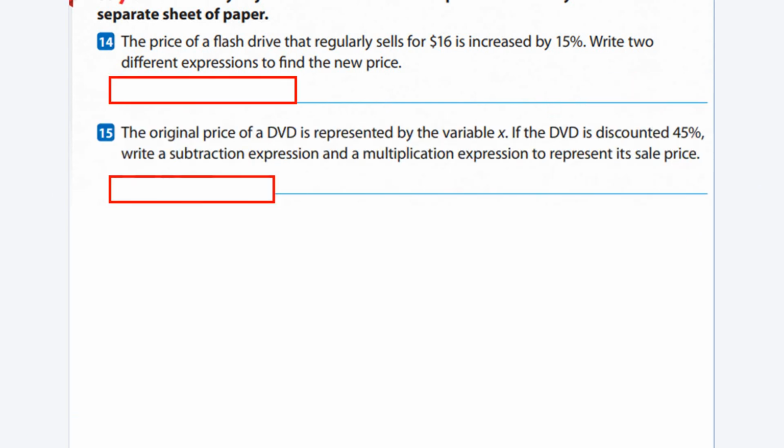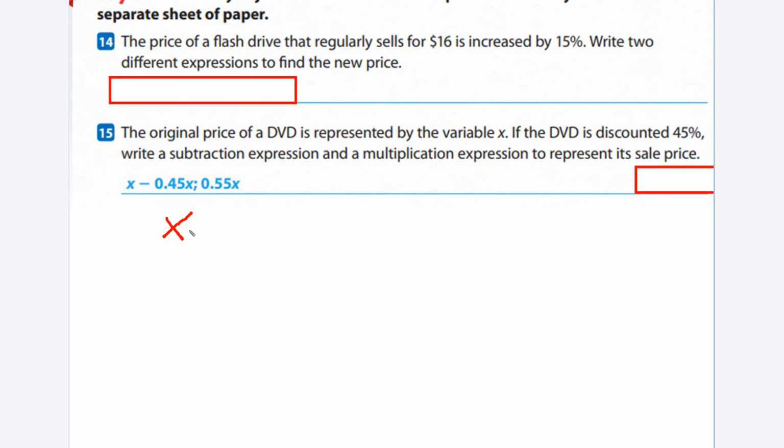Now let's look at question 15. Again, they took the original value, which is the X, and then subtracted the 45%, or 0.45 times the original amount. And then the second one, they did 0.55x. That's the second expression.